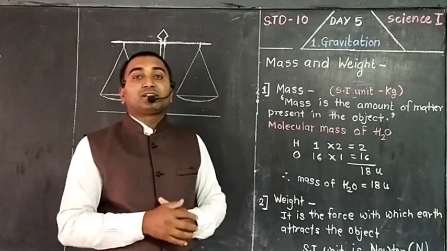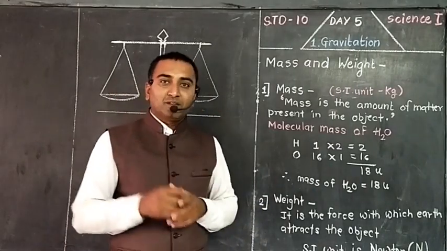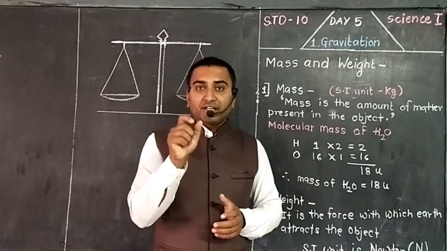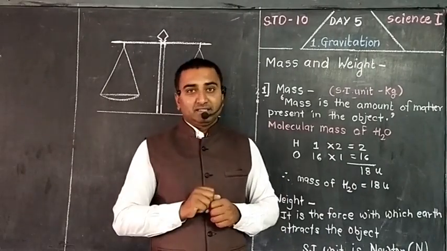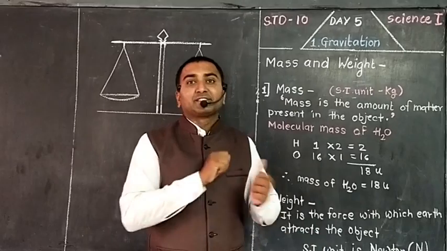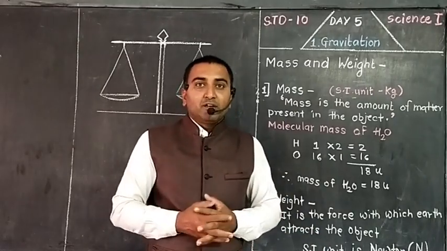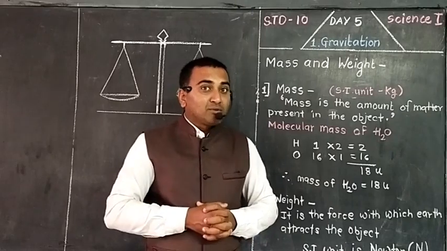At the center of Earth also the particles remain the same. Suppose your textbook has 200 pages and you are carrying that textbook or notebook, does the number of pages change?